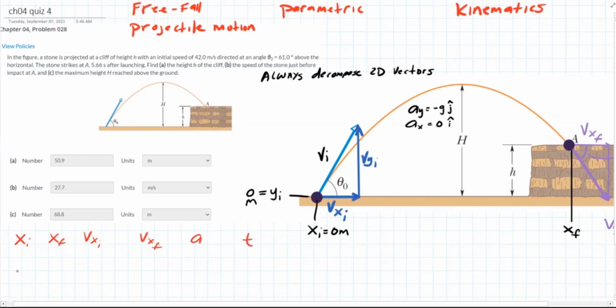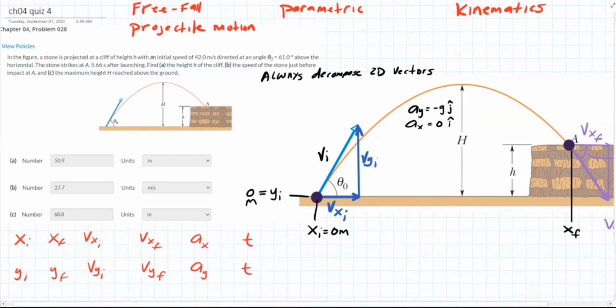Same for y: y initial, y final, Vy initial, Vy final, A sub y, and t. These are the same 6 all the time. Just the subscripts are important. This is part of your recipe.